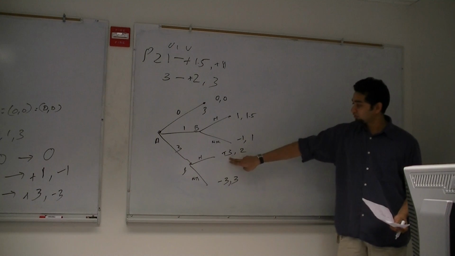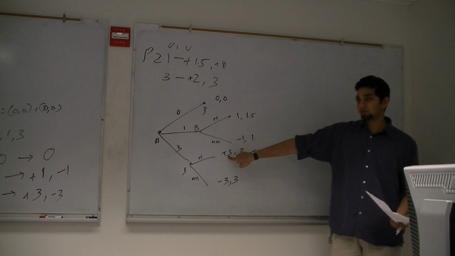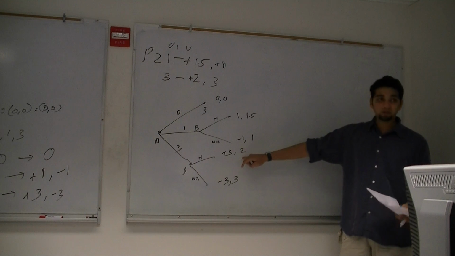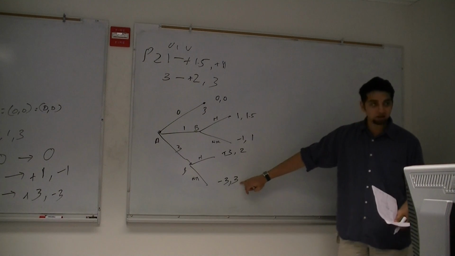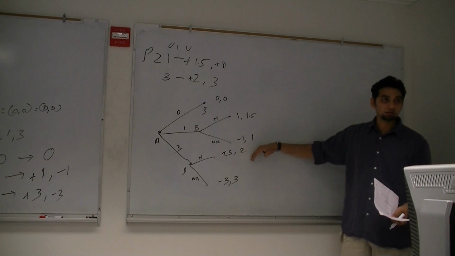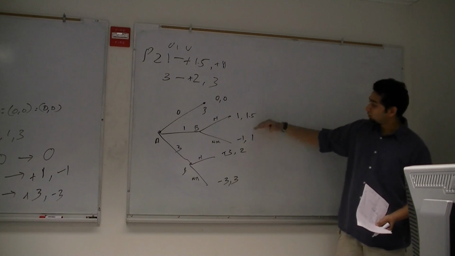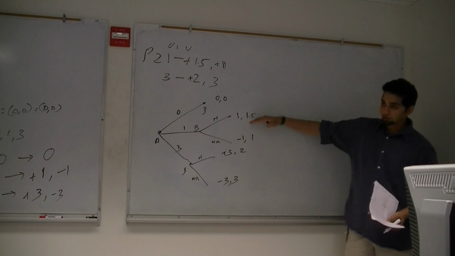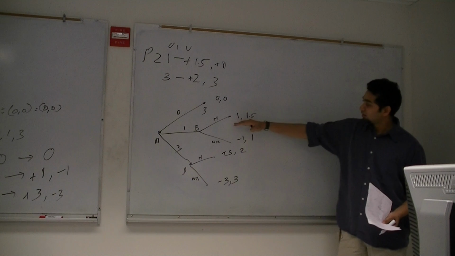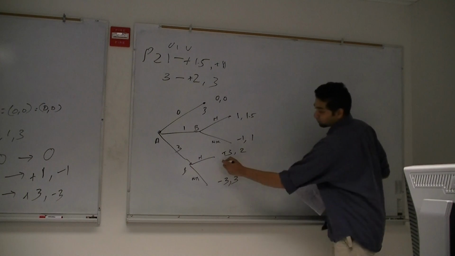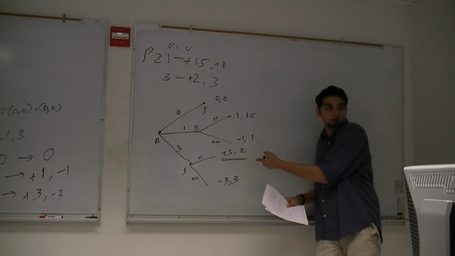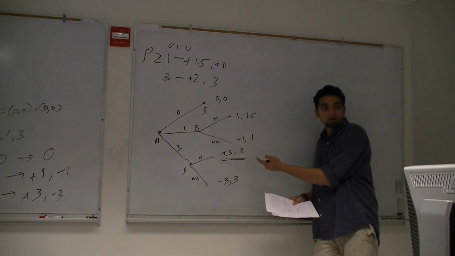In which case, Sean would have got -3 and Bay would have got 3, because this is a higher payoff than this one. But they would have done much better if somehow they could have got to this point.